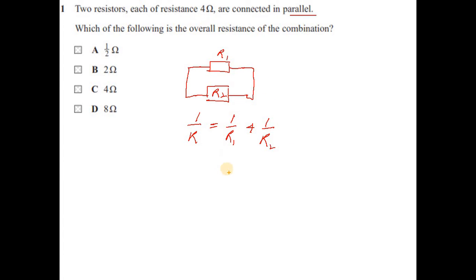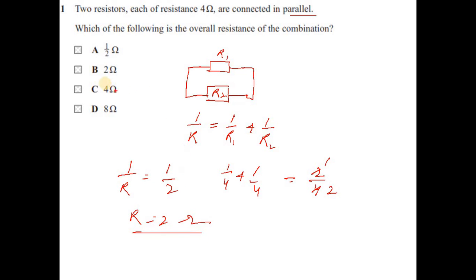So 1 upon 4 plus 1 upon 4, and if you simplify, the answer will be 2 by 4, and this is not R, remember this is 1 upon R. So 1 upon R is 1 upon 2. That means R is equal to 2. So 2 ohm. So your option is B.